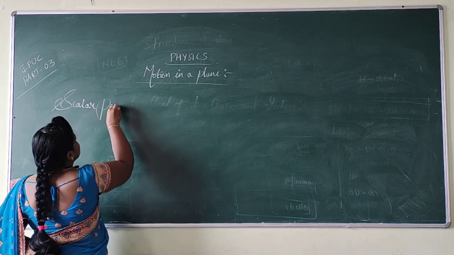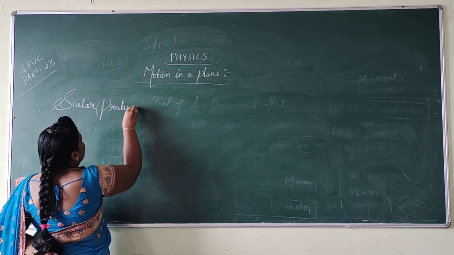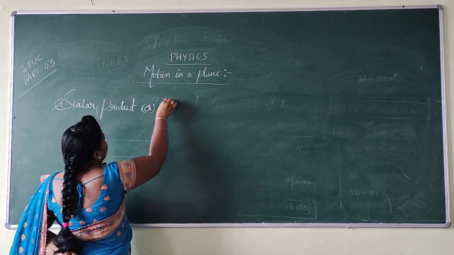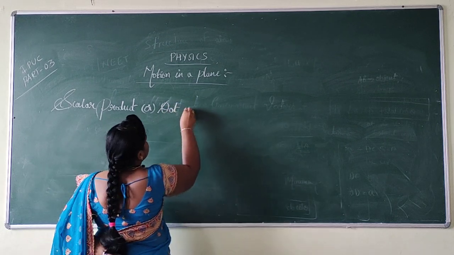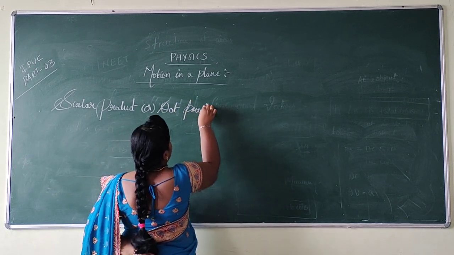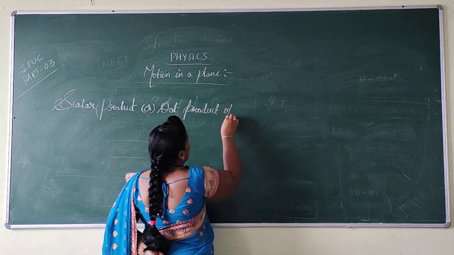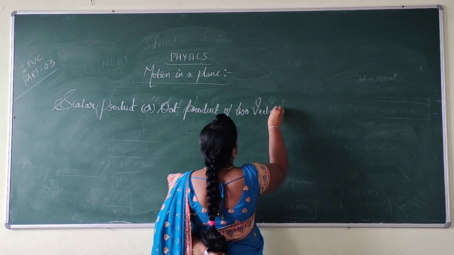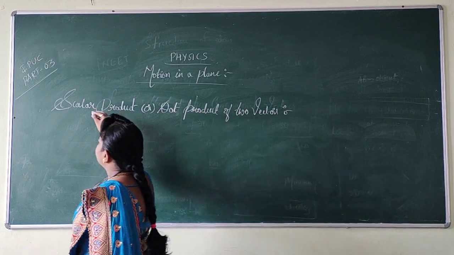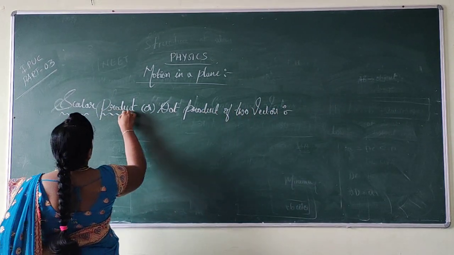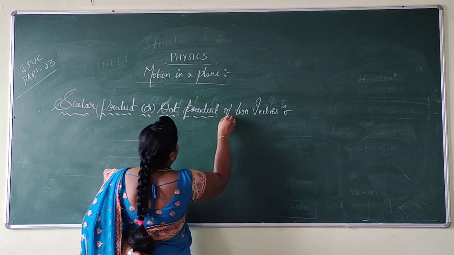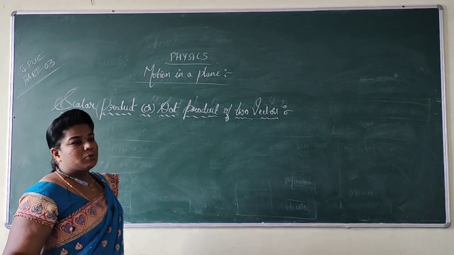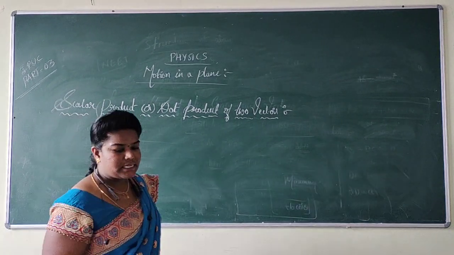The scalar product is also called the dot product of two vectors. Yes, we have a statement to explain this.